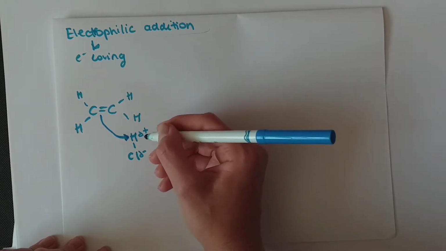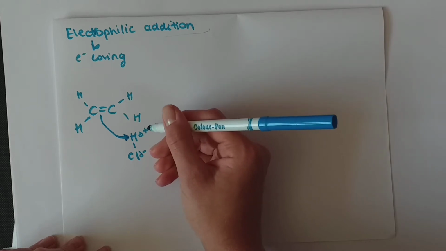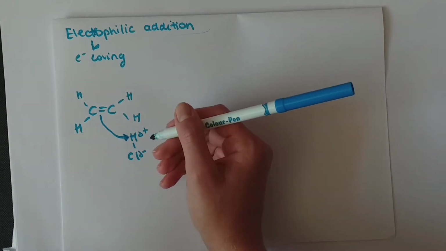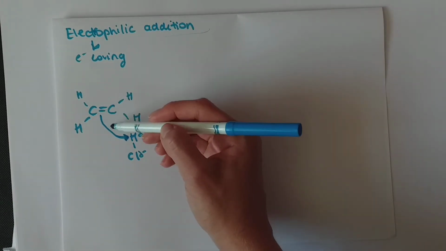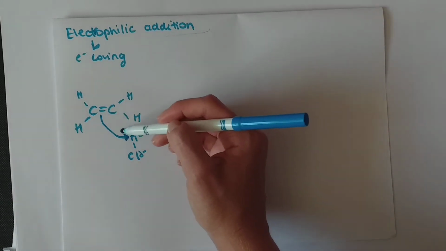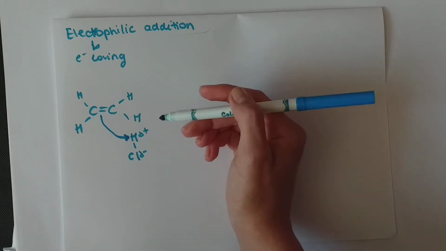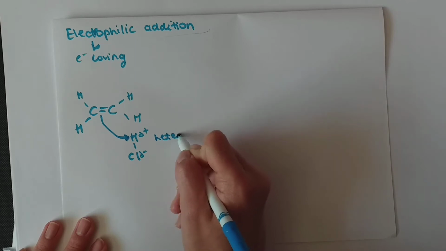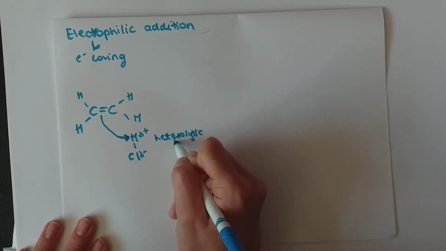And this is because it's slightly positive. So it's electron loving. It wants to attract these electrons. These electrons are attracted from the double bond. This arrow shows the movement of these electrons. Here we have a heterolytic bond fission.